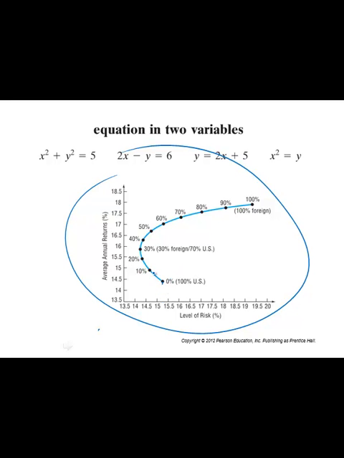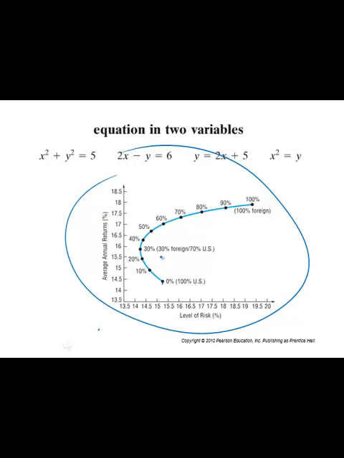But you can see as the percent of foreign stocks gets increased from 0 to 100%, we see this trajectory of risk versus return, so that it kind of minimizes the level of risk here at the 30-70 split with an annual rate of return of about 15.9%.